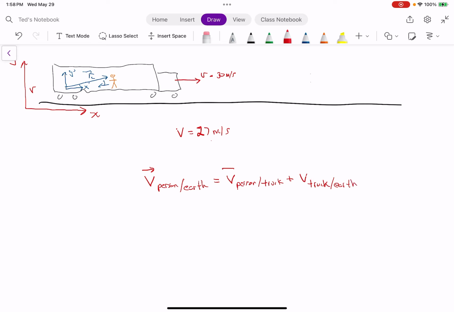And since these are both vectors, we have to add them like vectors.